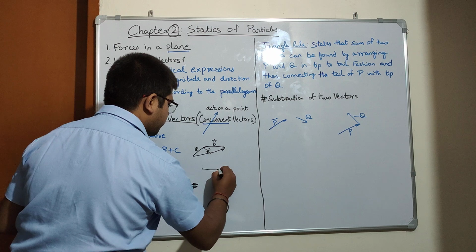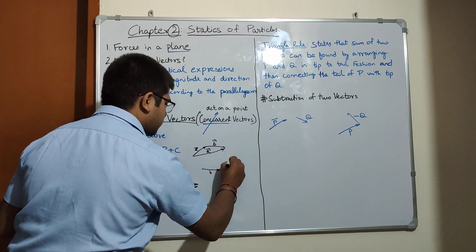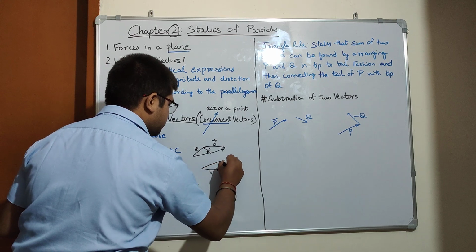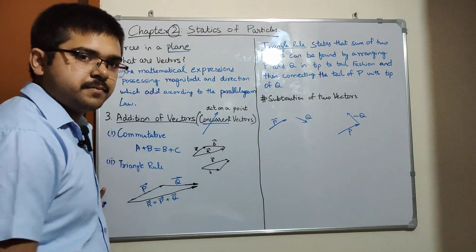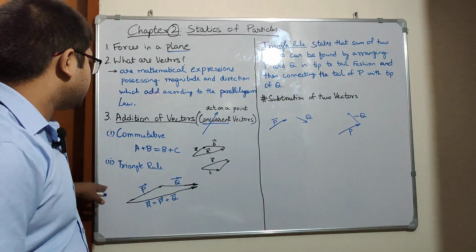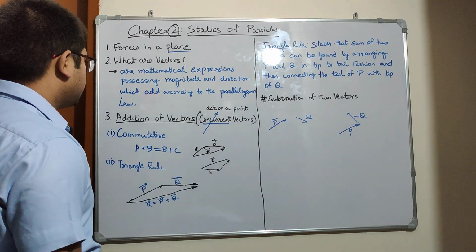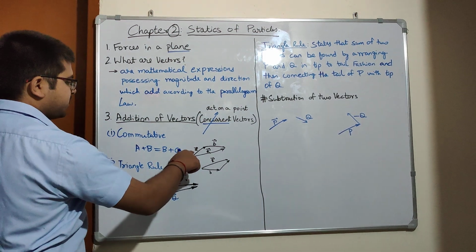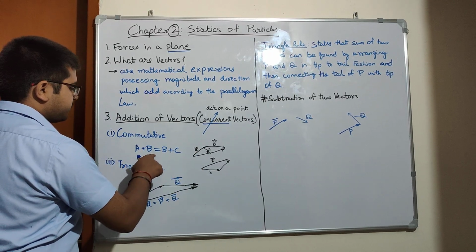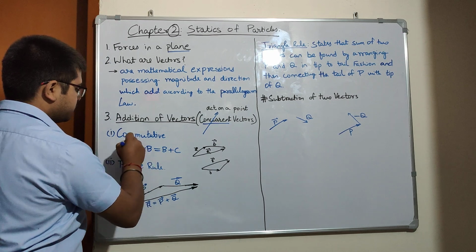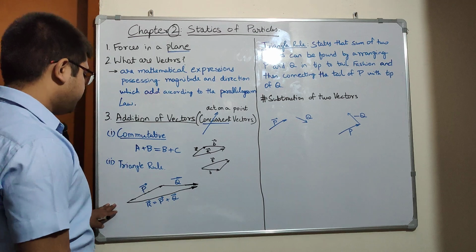We can draw b vector first and then a vector, which will give us the same resultant r vector. So the order of joining the two vectors is immaterial, as we can join A first or we can join B first. This property is called commutative property.